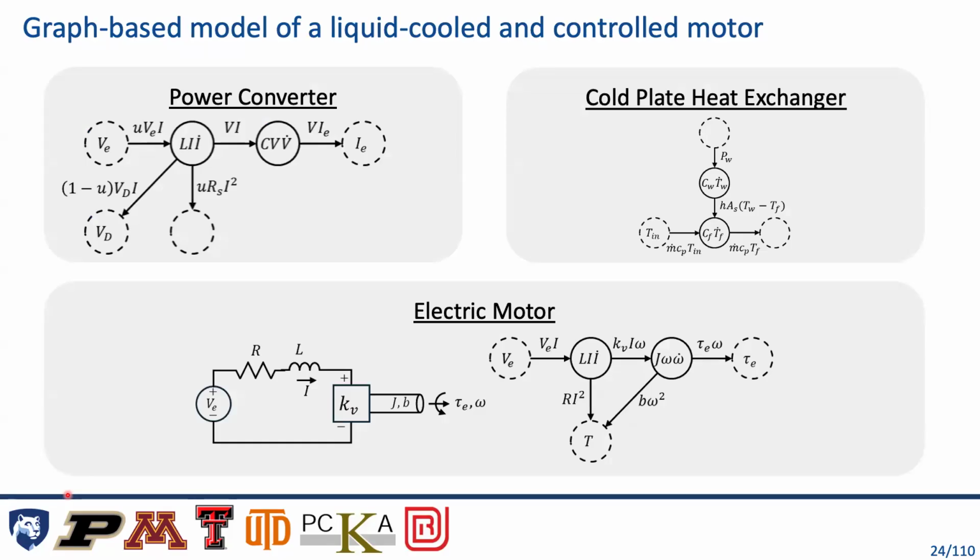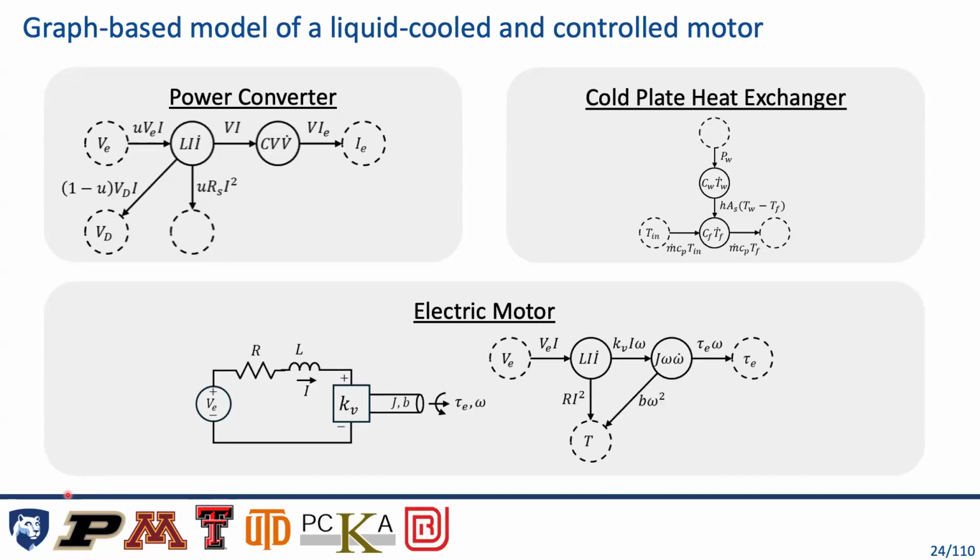We're going to build a model of a liquid-cooled motor, and we're going to throw a controller on this motor so we can adjust its speed. As you push power through that motor, we want to keep it cool, so we're going to equip it with a cold plate heat exchanger. So how are we going to build this larger system?